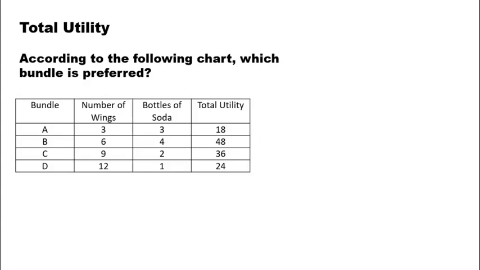Remember, total utility is the amount of happiness that you have. So you should have come up with bundle B, because bundle B has the highest total utility, or happiness, of all these bundles on the screen in this chart. The next one would be C, then D, then of course A with 18, because it has the least amount of happiness with 3 wings and 3 bottles of soda.